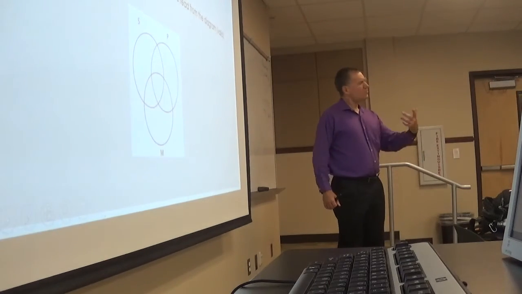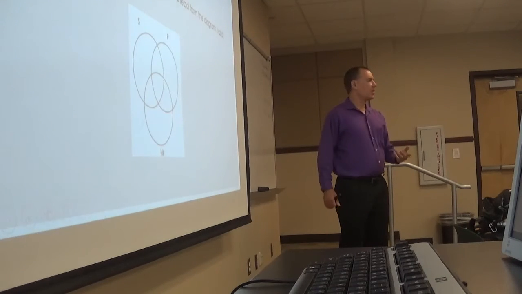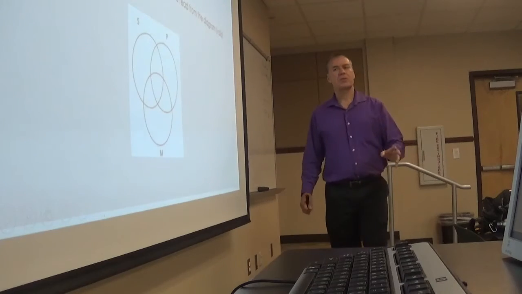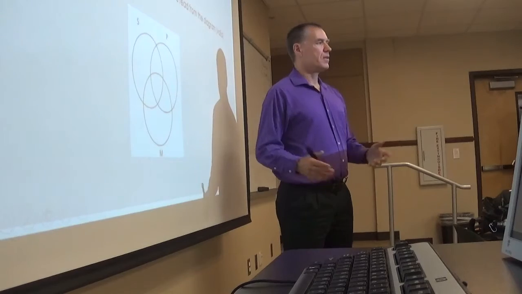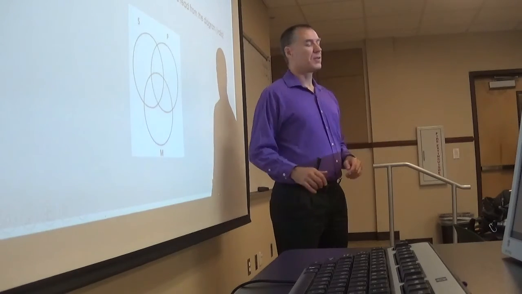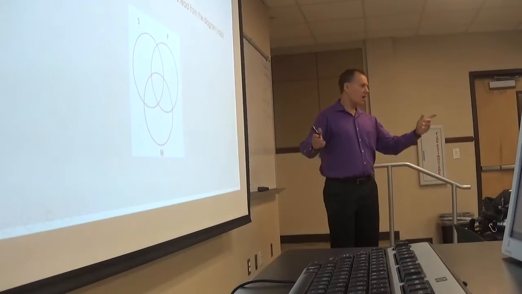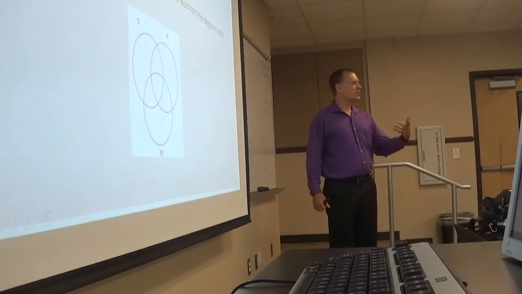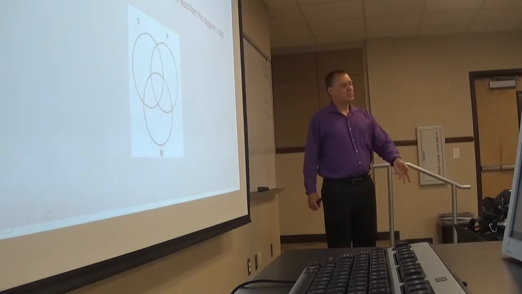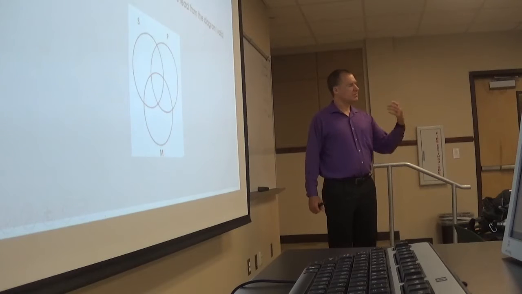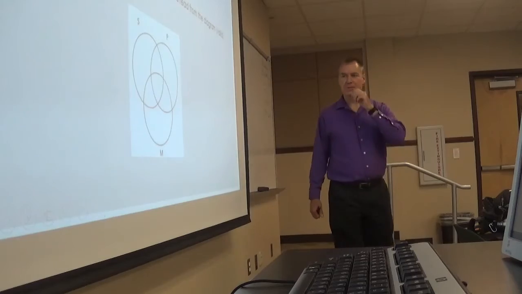And then you don't do anything with the conclusion, except you gaze upon the completed diagram, and if you see the conclusion already there, then it's valid, assuming you've done all the stuff correctly. If you look upon it and you don't see the conclusion already there, and it's been done correctly, you know it's invalid. So, mark premise one, mark premise two, look upon it, and if it's all been done correctly, you'll literally see whether it's valid or invalid.